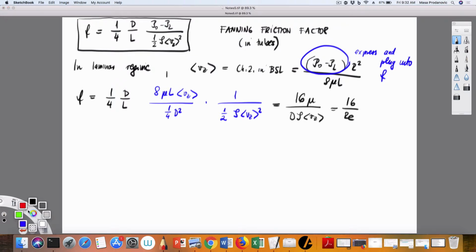So I can recognize one over Reynolds number. So basically for laminar flow regime, I got that F is a function of Reynolds number, and that specific function is 16 over Reynolds number. Okay. So this is for laminar regime.